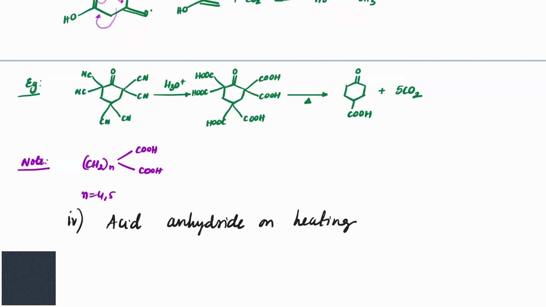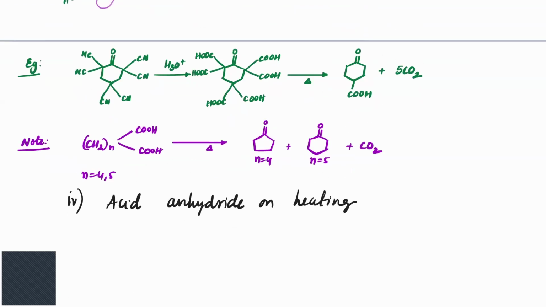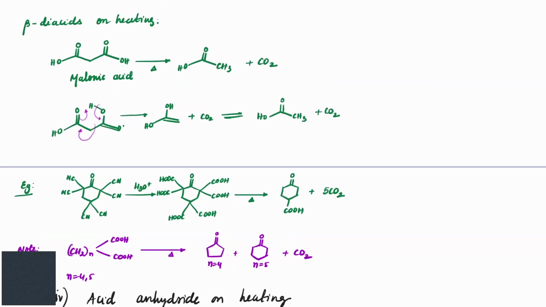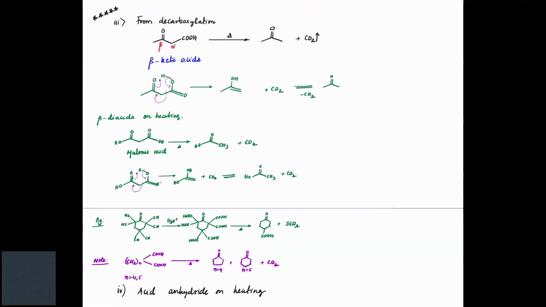If n is 4 and 5, in that case, if you heat it, here also decarboxylation takes place. You'll get cyclobutanone... you'll get ketone when n is equal to 4, and you'll get this cycloketone when n is equal to 5 plus CO2. So this is the product formation, everybody. Done? Check. So this is about beta keto acids.